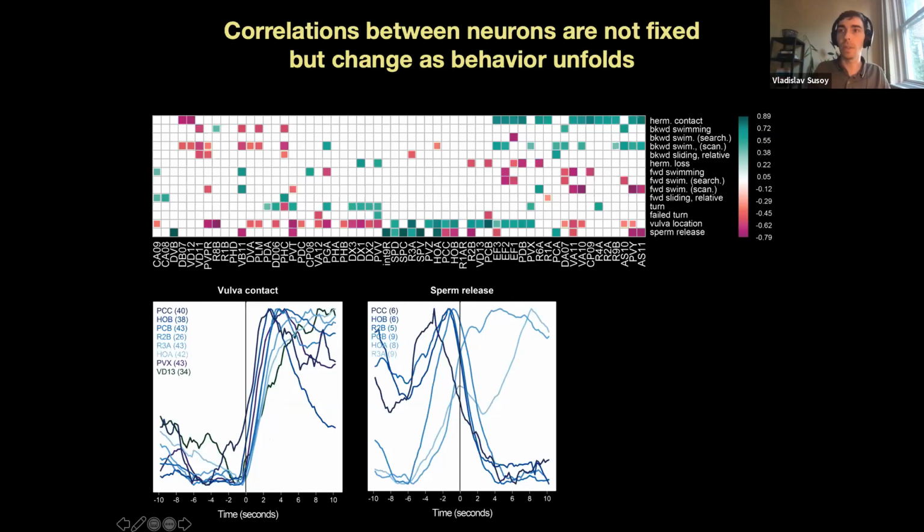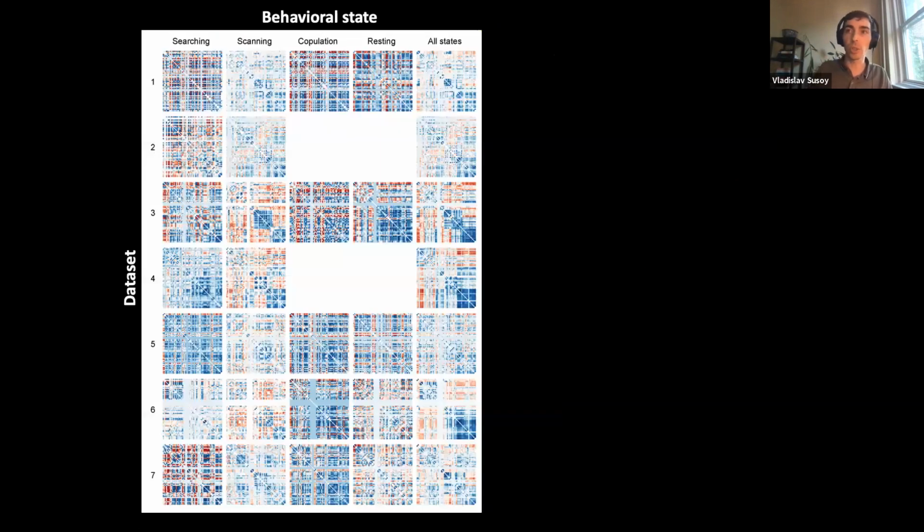And if we look at the correlations across the brain, we can do this by partitioning brain-wide correlations for every recording. So this is for every male, and we have 7 males, and we can partition them by the major steps of behavior, such as searching, scanning, copulation, dressing.